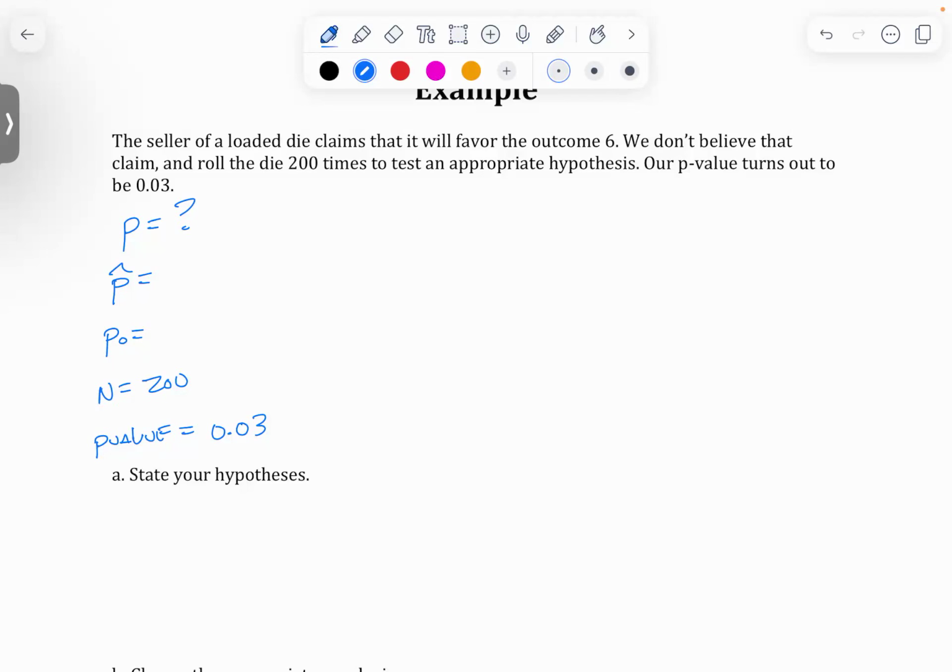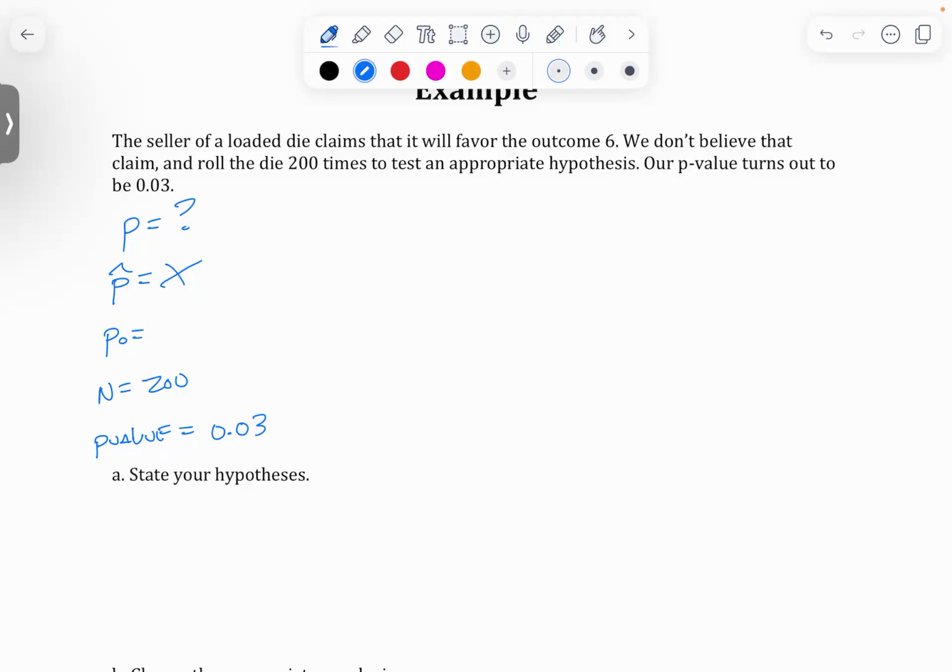I clearly don't see one. But be aware, we only ever have the sample proportion to get the p-value. So I don't have it, but I also don't need it. Now I would need it to make a better interpretation for my p-value interpretation, but I'm going to assume we're not going to do that here.